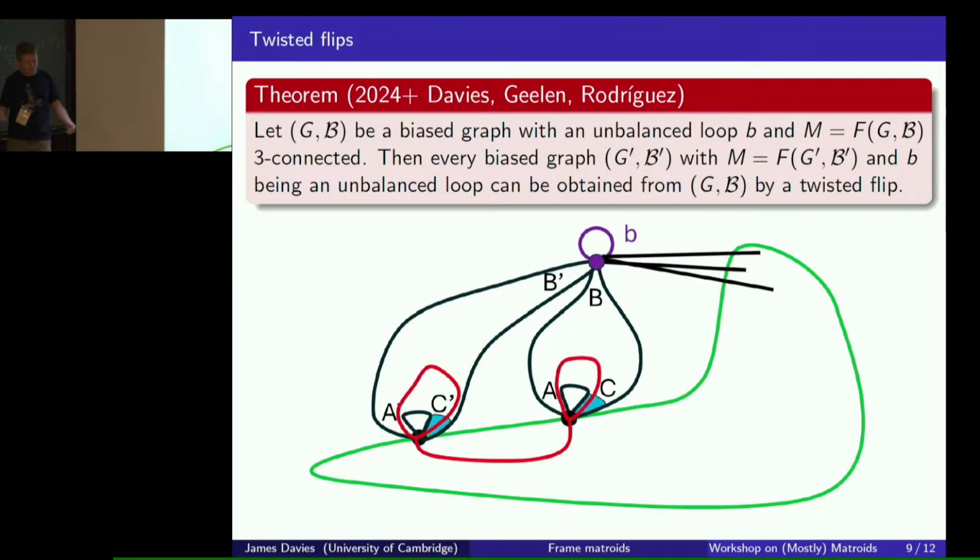Okay, so again, just to get a feel and convince you this should be another representation of the same frame matroid, let's look at a couple of circuits. We could have a handcuff like this: an unbalanced cycle in both these blades, joined by a path. When we do this twisted flip, this is actually going to turn into a balanced cycle, so still a circuit.